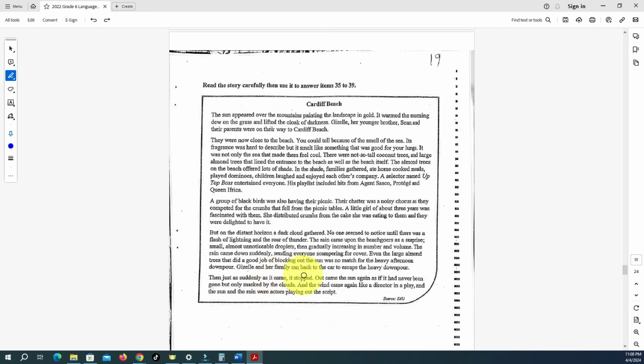Giselle and her family ran back to the car to escape the heavy downpour. Then, just as suddenly as it came, it stopped. Out came the sun again, as if it had never been gone, but only masked by the clouds, and the wind came again like a director in a play, and the sun and the rain were actors playing out the script.